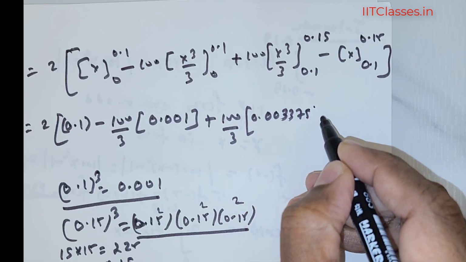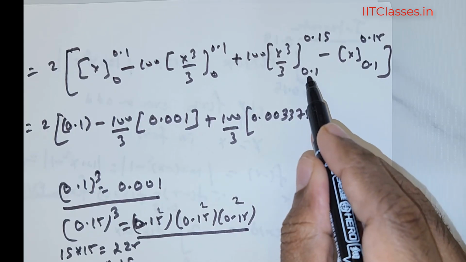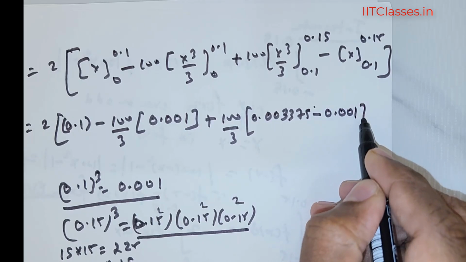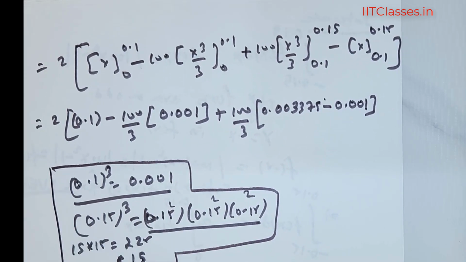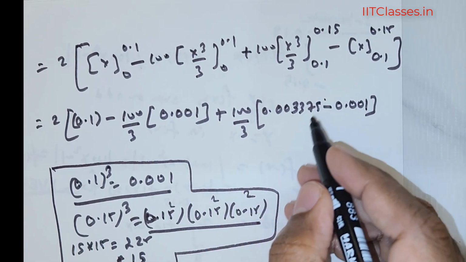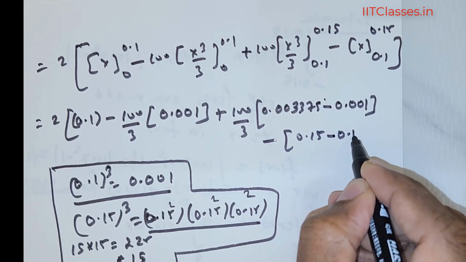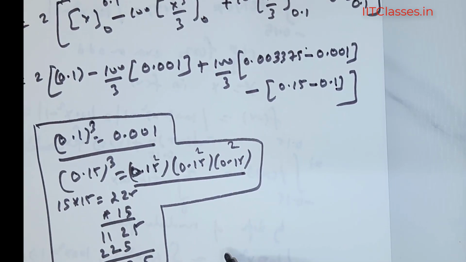So I substitute that value: 0.003375 and minus this value, 0.3 cube, that's going to be 0.001. Just in case the calculators are not coming into the picture. And of course over here is 0.15 minus 0.1. So we will have to cater to all this.